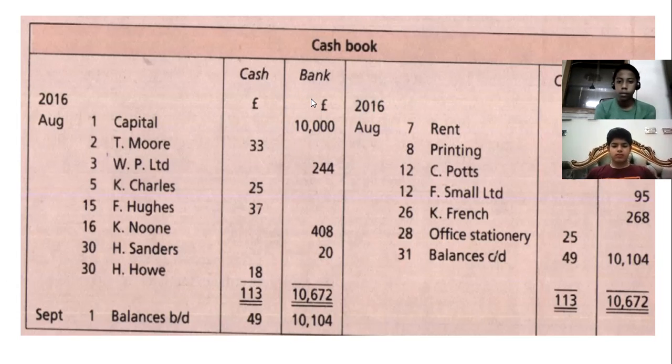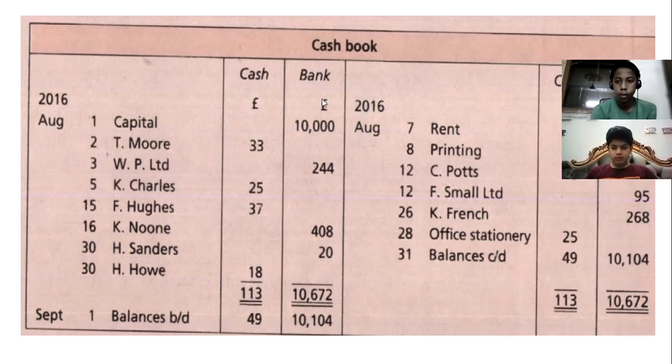All the cash in the bank or all the cash in the office, we can see in one place. In the same way, how much we have paid from the cash in the office and how much we have paid from the bank, all these cash-related transactions we can see in one place. That is called cash book. Clear? So this is the benefit of having a cash book.